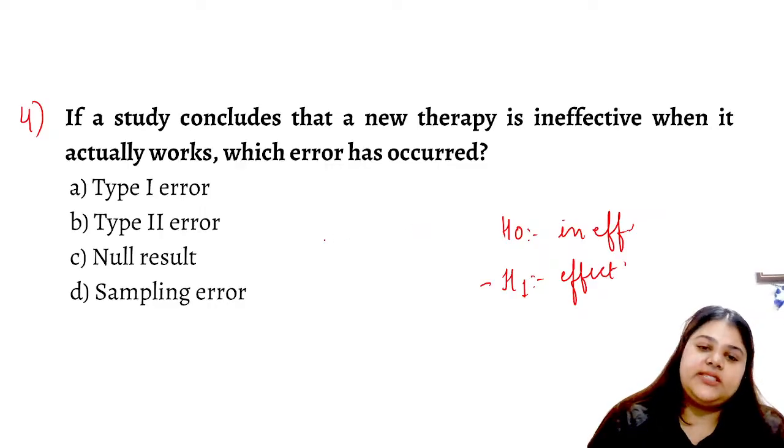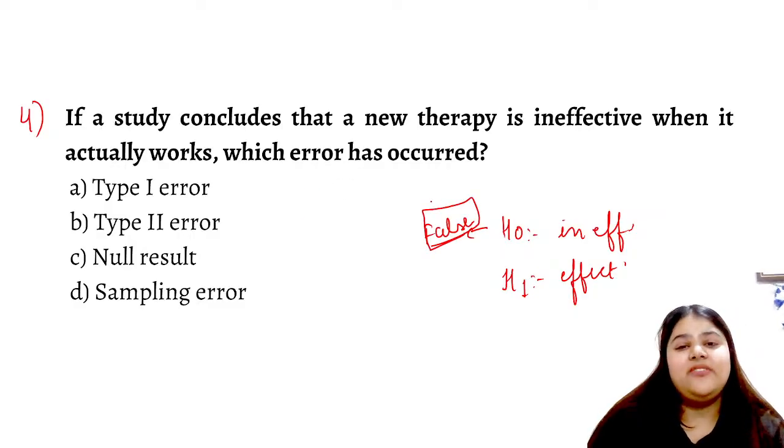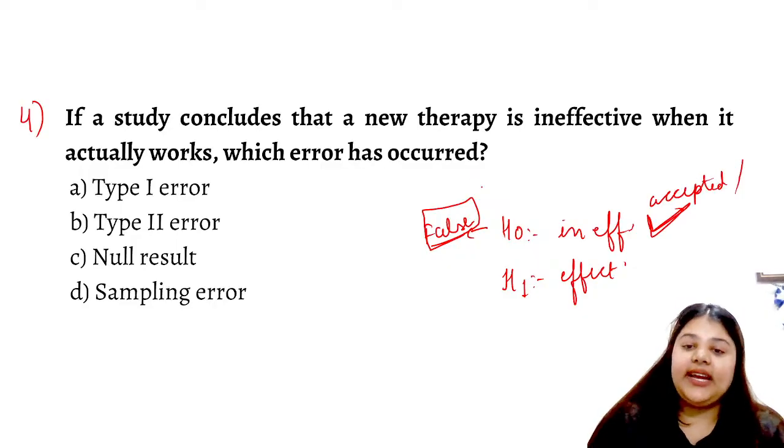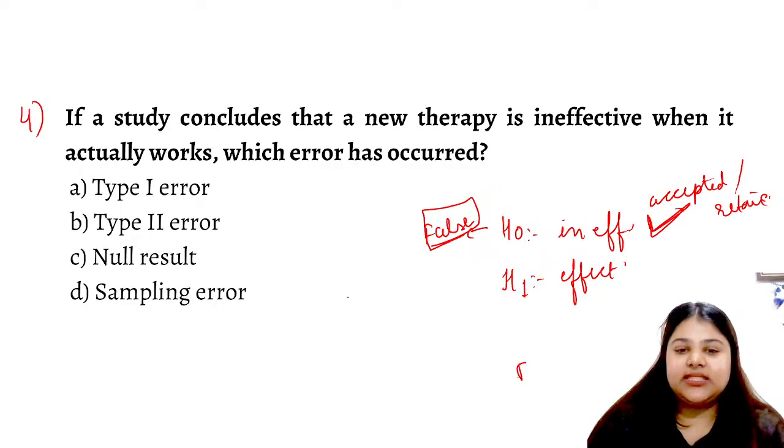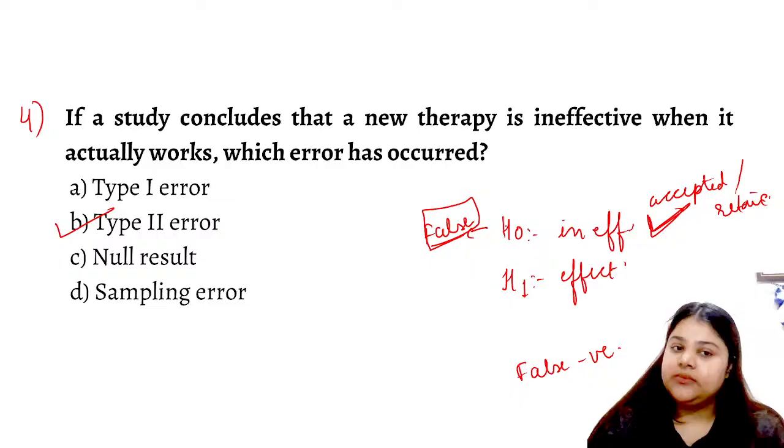So what is true? Our alternate hypothesis is true, which means the null hypothesis is false, and we have still retained this null hypothesis, which means it is the error of false negative, which is our type 2 error. Correct? Very good, everyone.